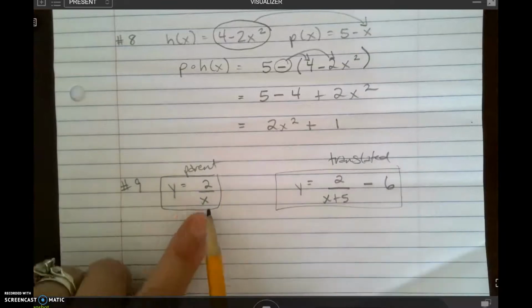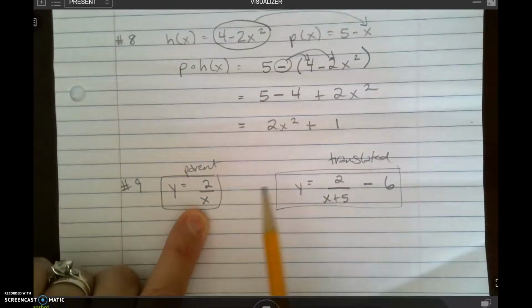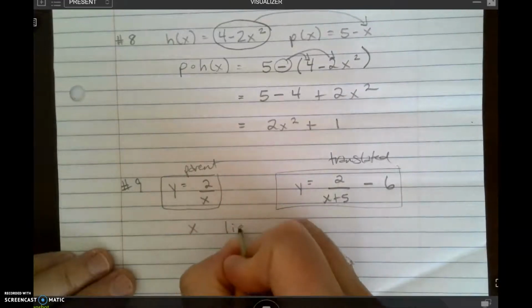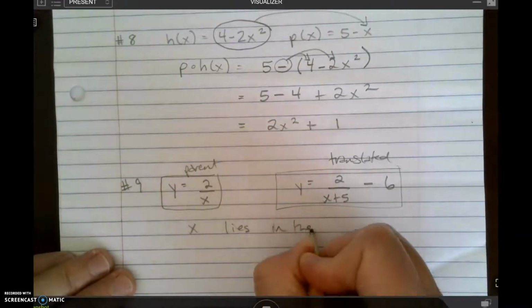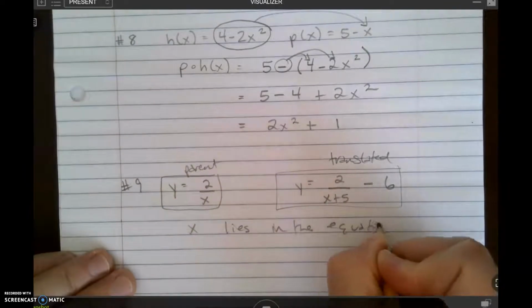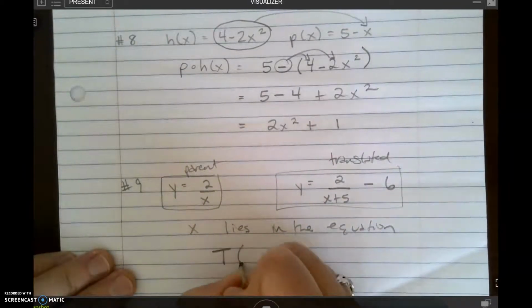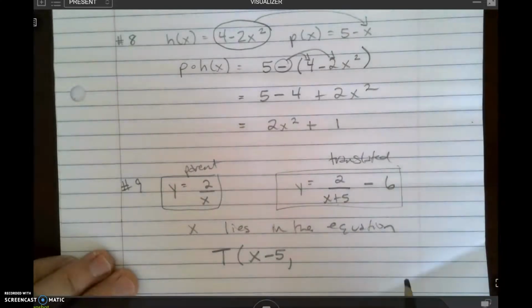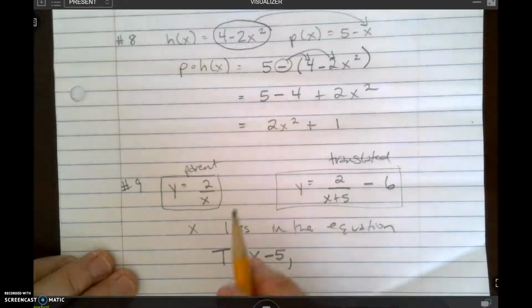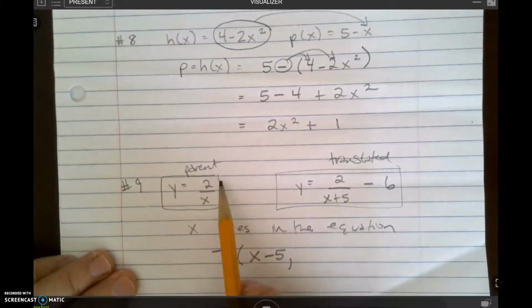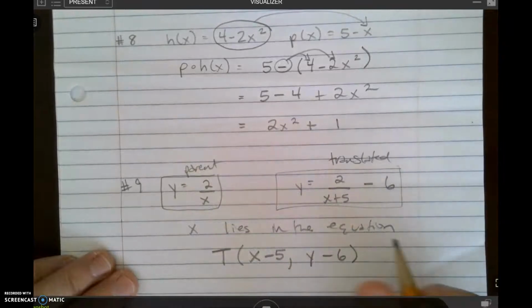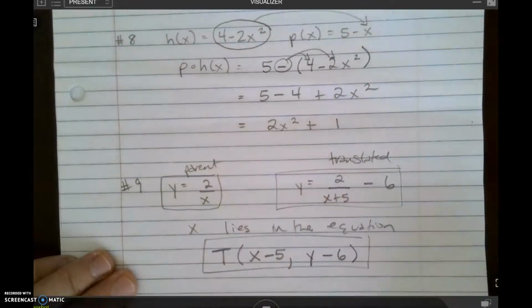In the equation, I went from x to x plus 5, but remember x lies in the equation. So in the translation rule, that would be x minus 5, but y tells the truth. So I went from having nothing here to having minus 6, so that'd be y minus 6. That would be my translation rule for number 9.